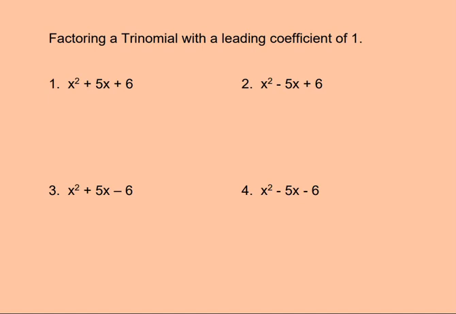Now, when we factor a trinomial, our result or our answer is going to be two binomials. So remember, binomials have two terms. So I'm going to go ahead and write my two sets of parentheses to represent my binomials, and we're just going to fill that in. Now, factoring a trinomial is like undoing or doing the opposite of foiling.